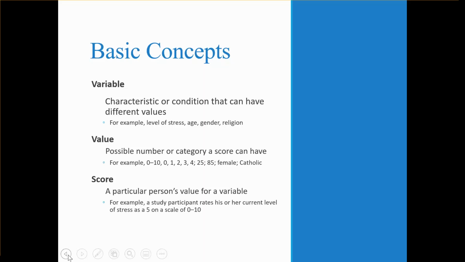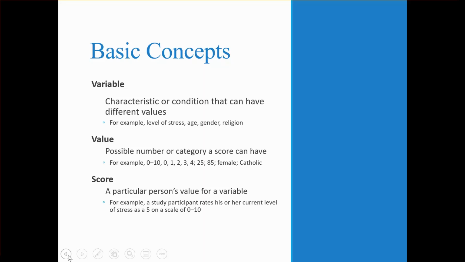If you're looking at attitudes, for example, and you're trying to see how attitudes differ between groups, then you would certainly want to look at the different variables of those groups. And so you might have different attitudes for people who are over 65 compared with those who are 18 to 25. And those would be variables.